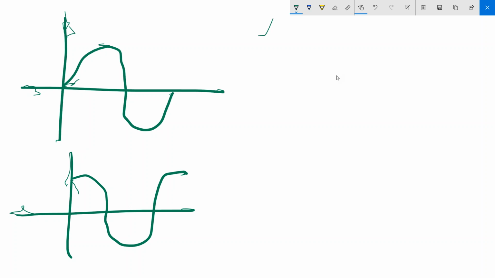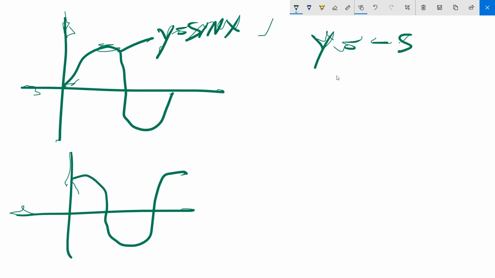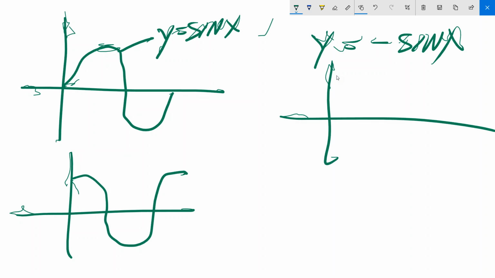So, if that is y equals sine x, how would I draw y equals negative sine x? What's that negative sign mean? It's a reflection over which axis? Correct. So if I reflect that original curve, looks like that.